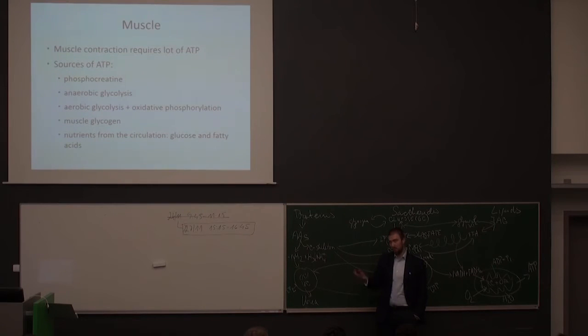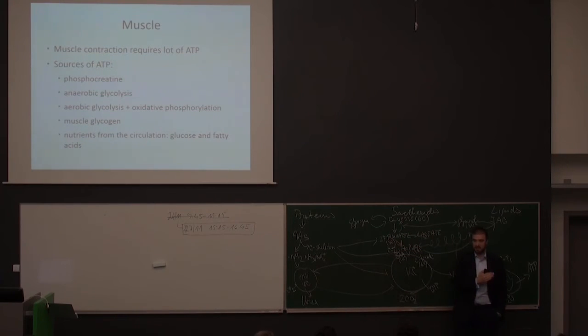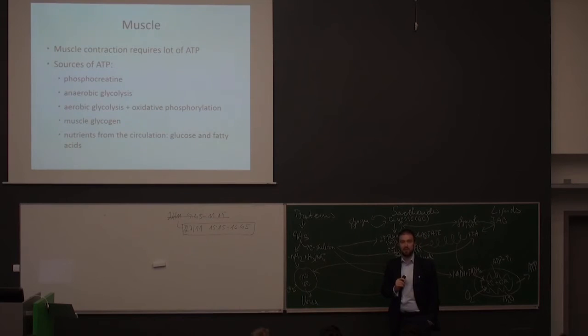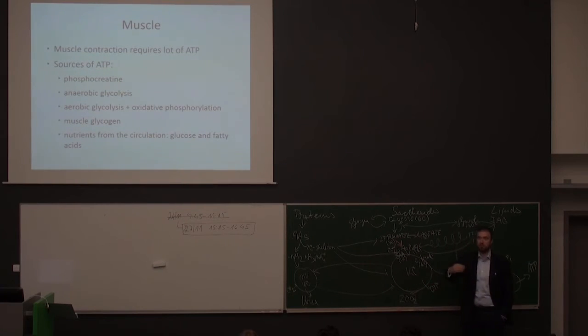So the basic process, if we return to the previous lecture, is that molecular motors convert chemical energy, typically ATP, to mechanical energy. From the macroscopic point of view, we have big muscles, and these muscles use ATP and produce movement.